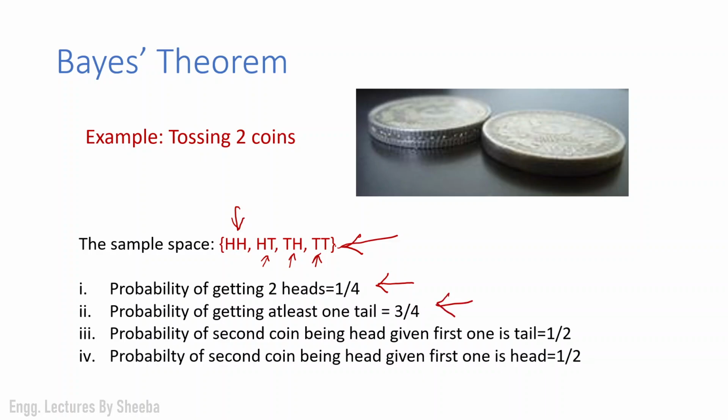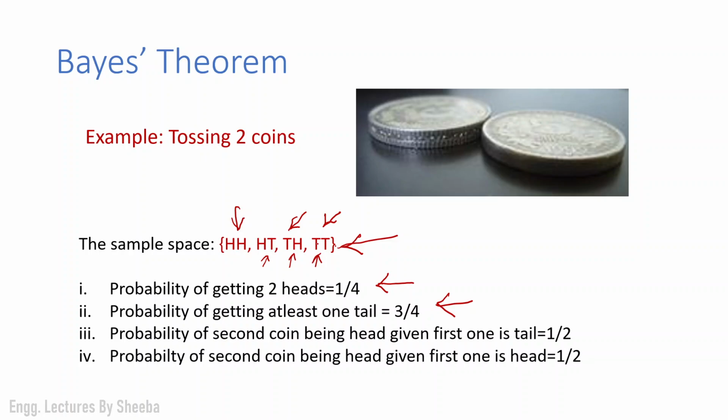Now the next case is the probability of the second coin being head given the first one is tail. What is the meaning of this? It is given that the first coin is already tail, and then what is the probability that the second coin will give you a head? So with the first one tail already given, you observe the sample space. First one tail is this one, and here you have one more.